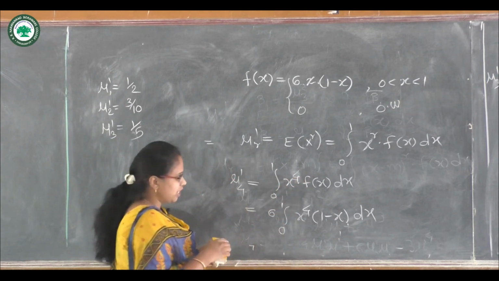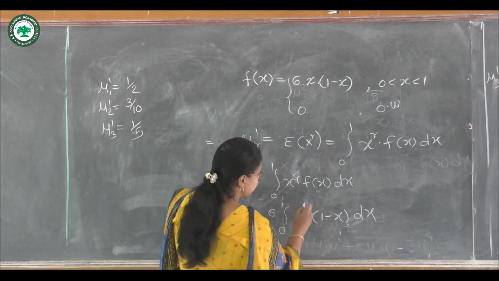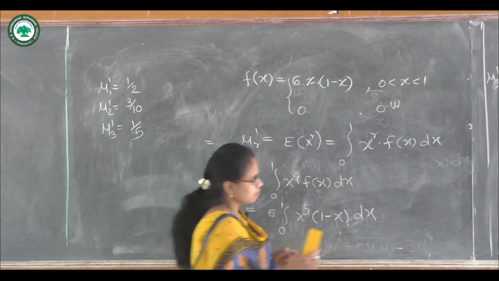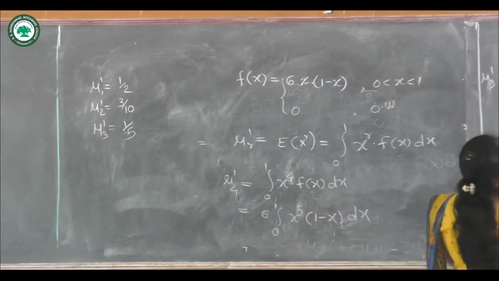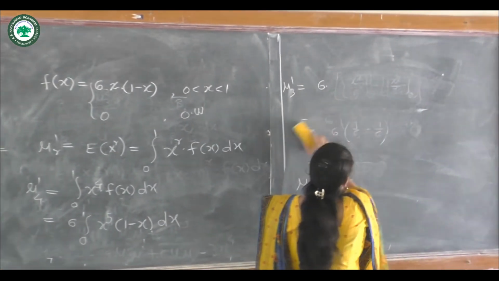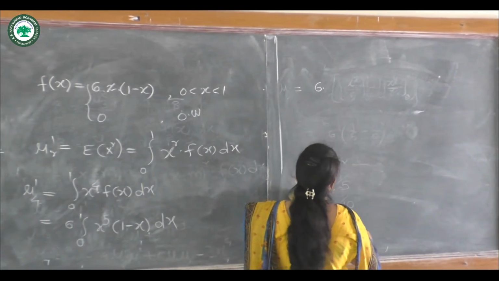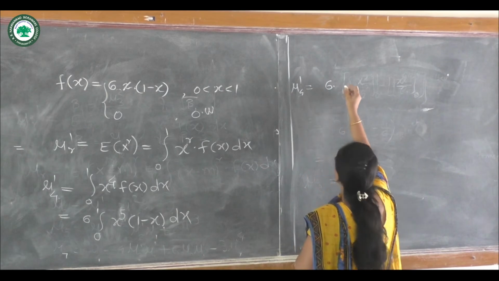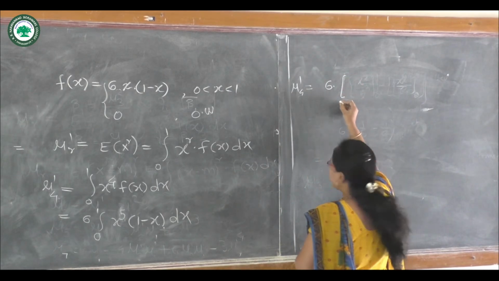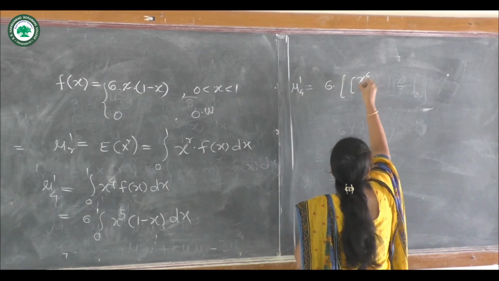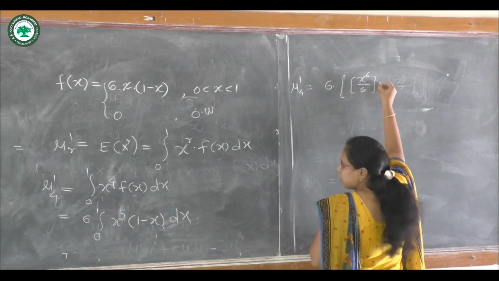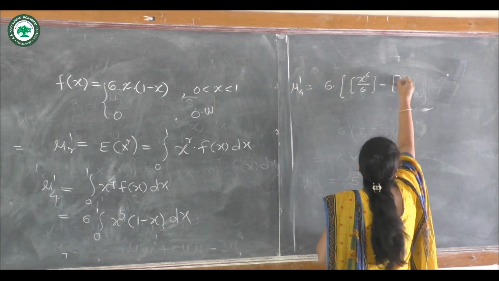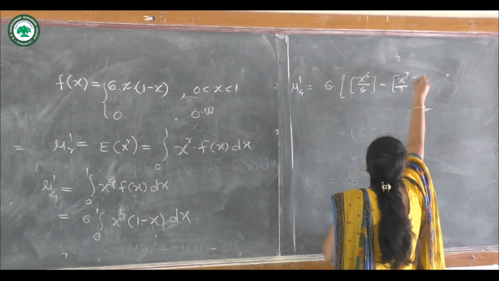So this is the definition. So mu 4 dash will be 6 into the integration of x raised to 5, which is x raised to 6 upon 6, minus x raised to 7 upon 7.